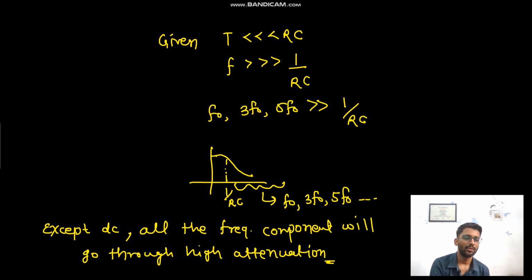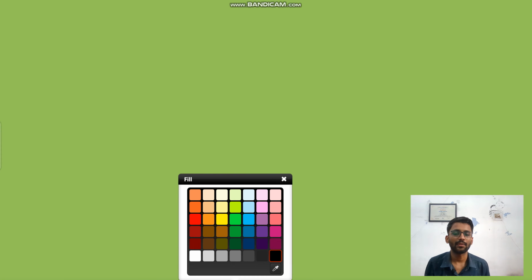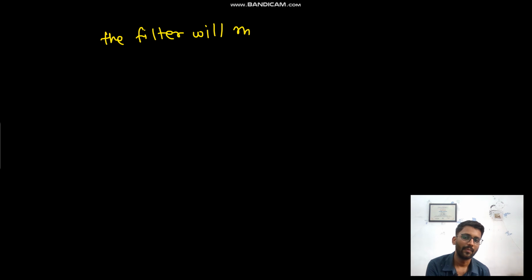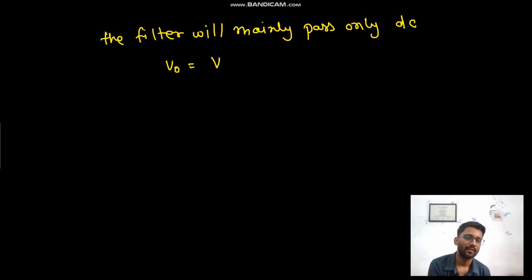Except DC, all the components will go through high attenuation. So the filter will mainly pass only DC, right? The filter will mainly pass only DC. So your output will be the average value of the input only. So what is your output? That will be 5 volt.